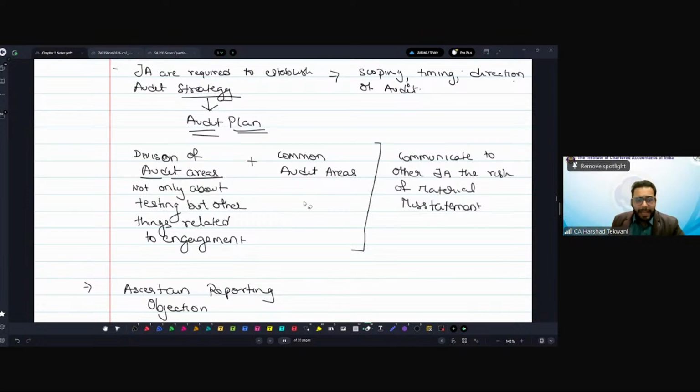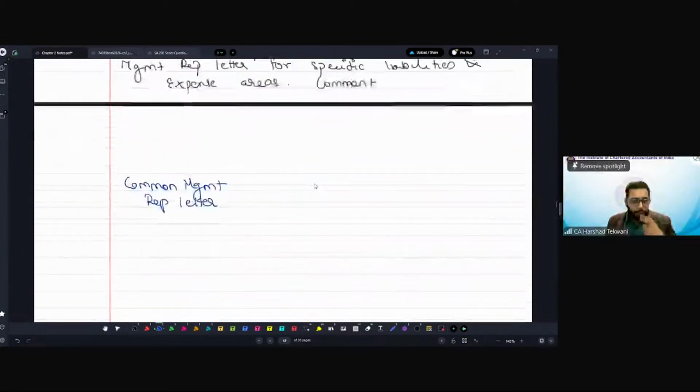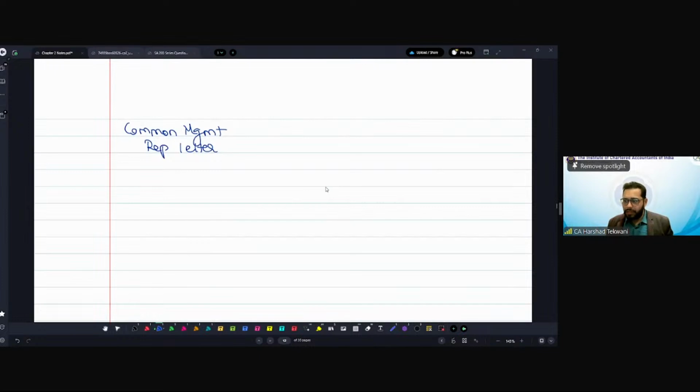But for the common audit areas, joint auditors are jointly and severally responsible. Now we need to understand which will fall under which category, and we will discuss with an example also.